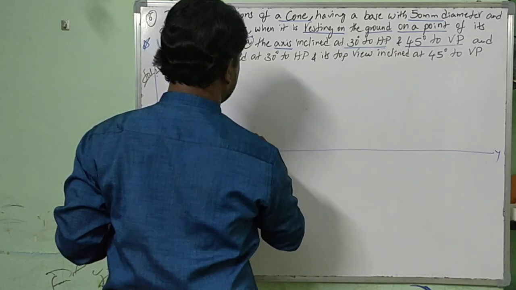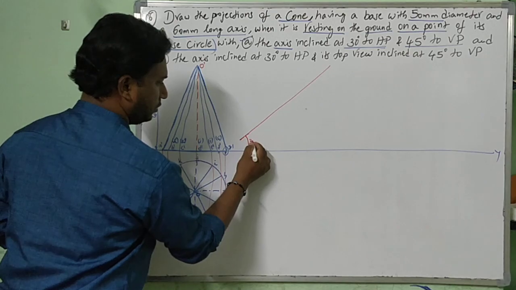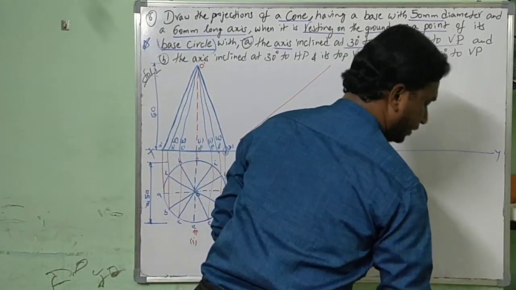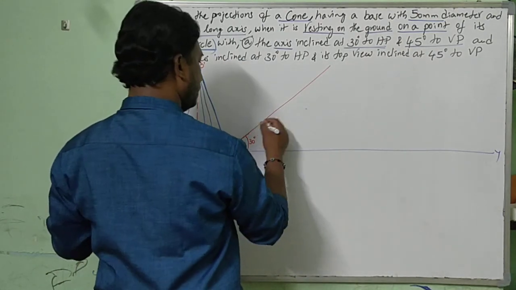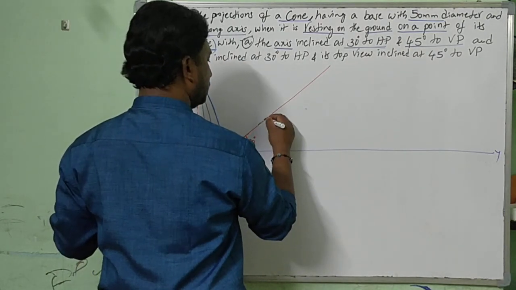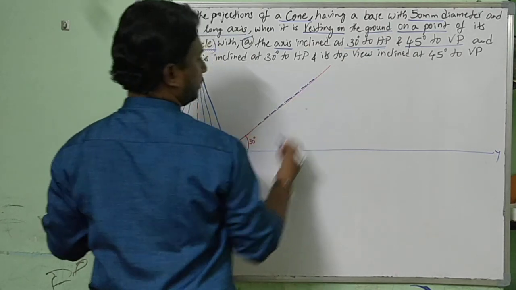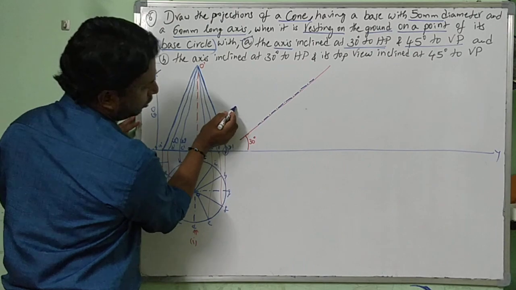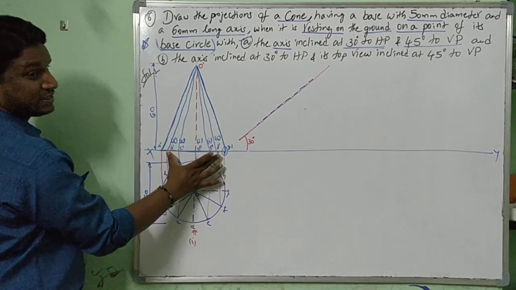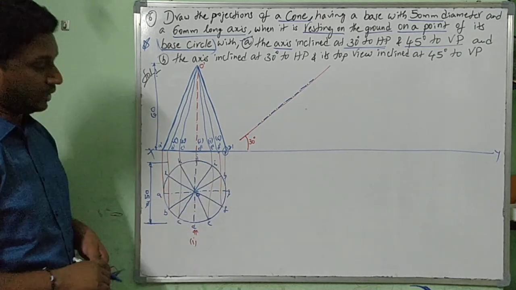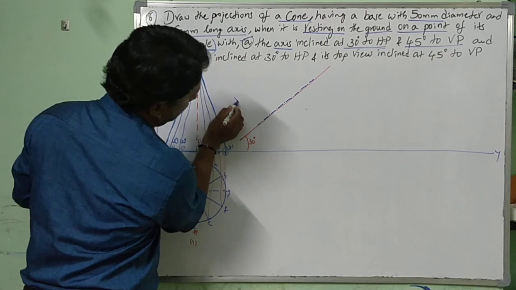On 30 degrees, just trying to draw a line at an angle of 30 degrees. On that 30 degrees, what line you are supposed to draw? Axis. Now, here there should be axis line such that when you draw a line like this, 50, right? Base length is 50, the circle diameter. This 50 should be drawn here, right? In perpendicular.